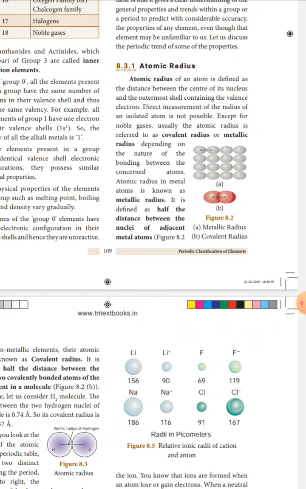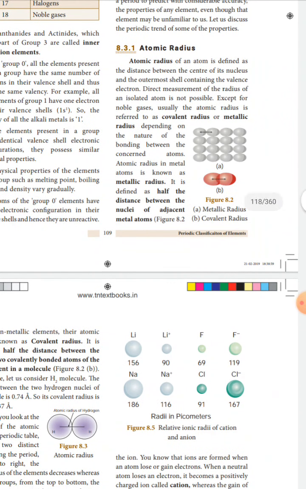For example, atomic radius in metal is called metallic radius: copper, aluminium, iron, gold. So the radius between these atoms of the metal is termed as metallic radius. What is the definition for a metallic radius? It is defined as half the distance between the nuclei of adjacent metal atoms.